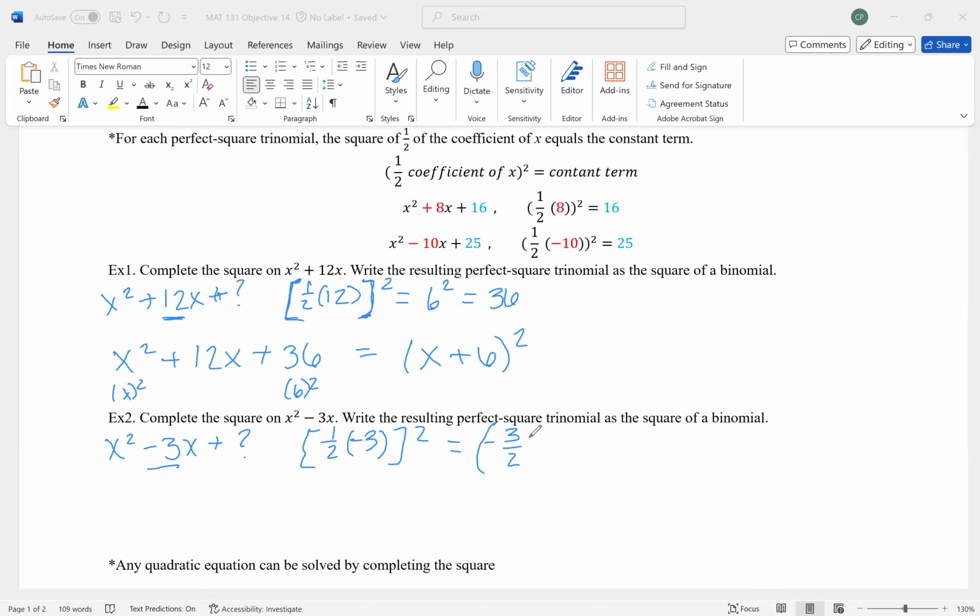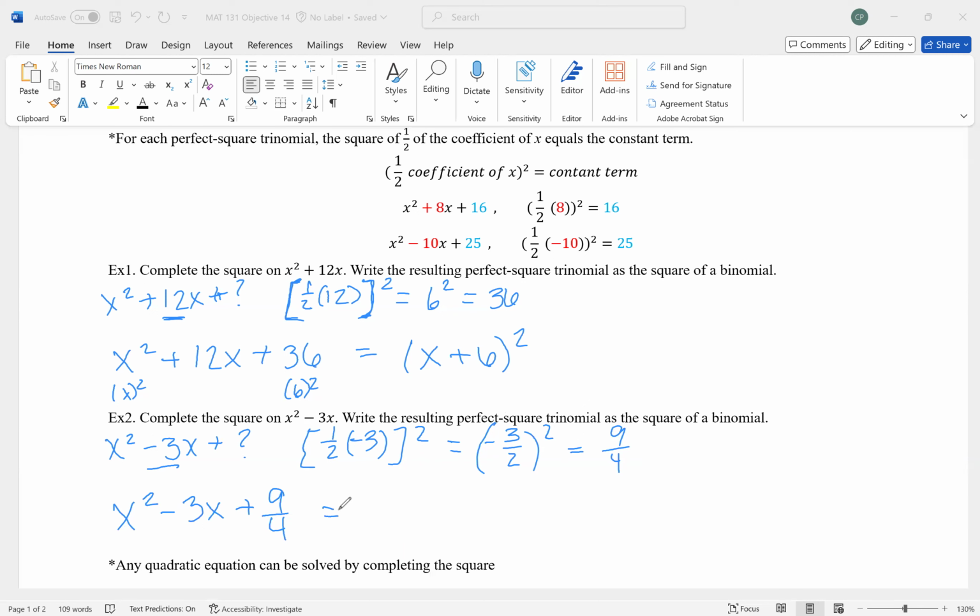And then if we square that, we'll have 9/4. So if we complete the square, it'll be x squared minus 3x plus 9/4, okay?